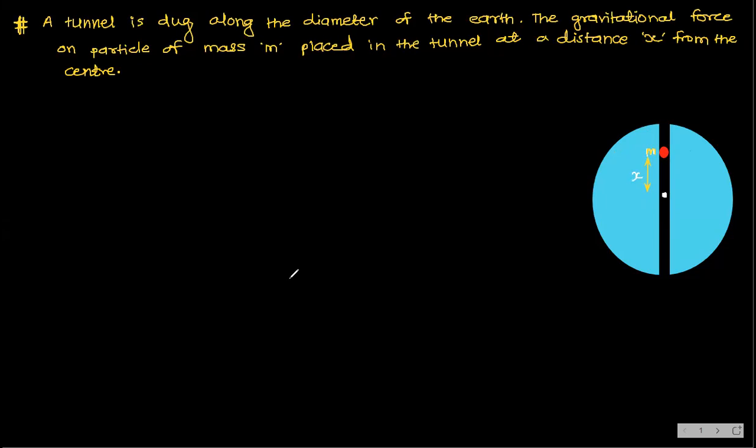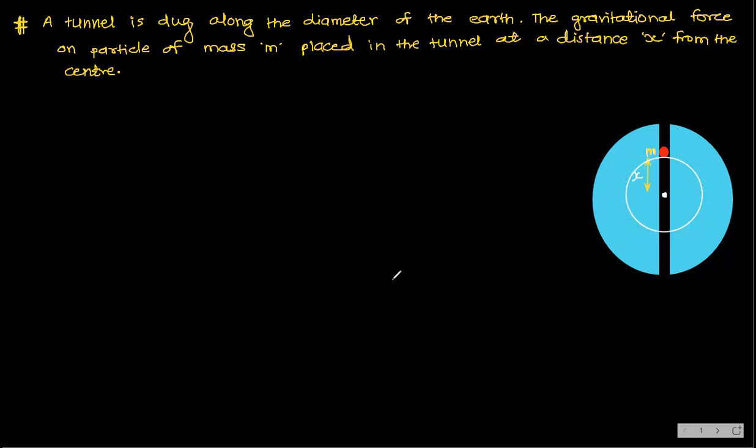Now if I draw another sphere whose radius is x, because I am assuming that this is also one part of the earth, some part I am taking where this object is placed and whose radius is x. Yes, no?